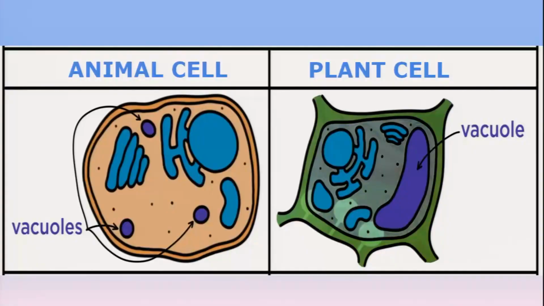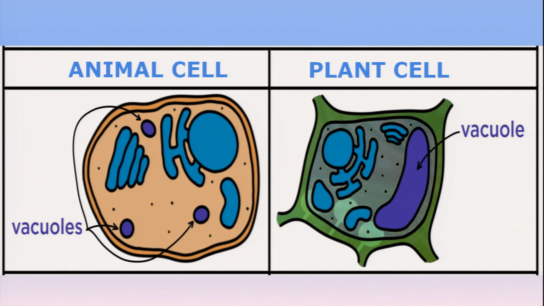And there is a difference between vacuoles in plant cell and in animal cell. Look at the picture. In animal cell you can find many small vacuoles. You can find vacuoles in multiple number. But in plant cells only a single vacuole is present and that is very large in shape.